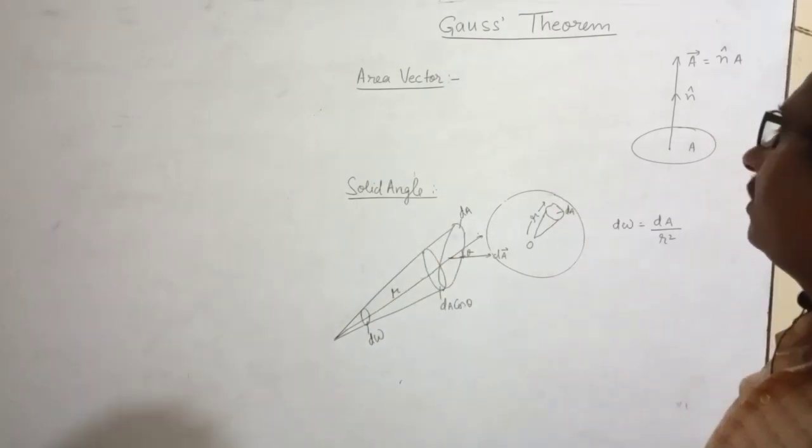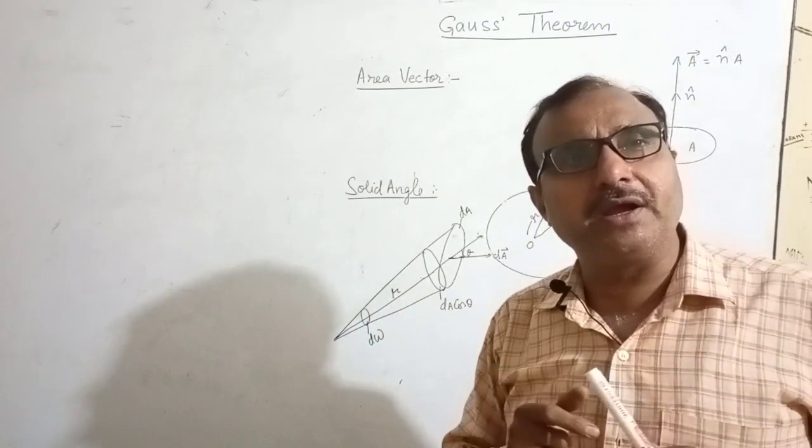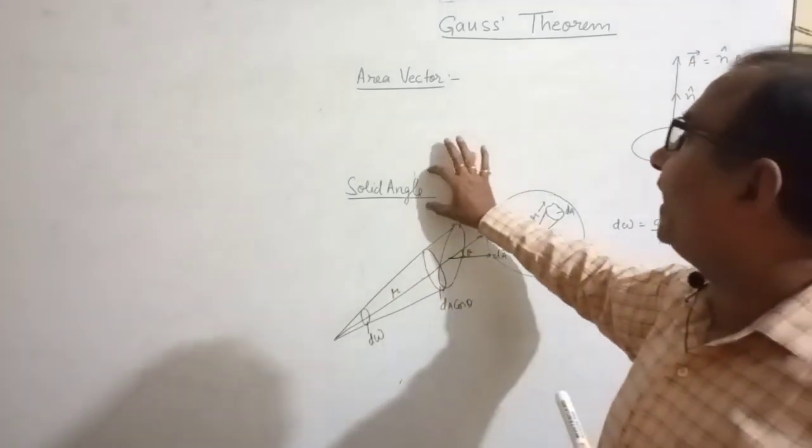Now, after area vector, we come to another technical point that is known as solid angle.